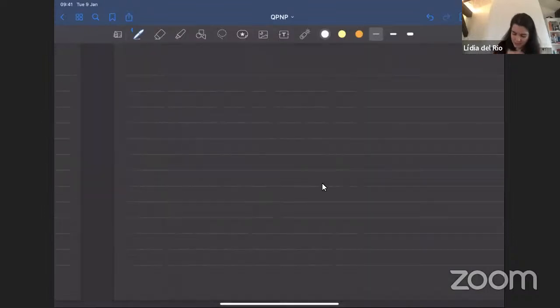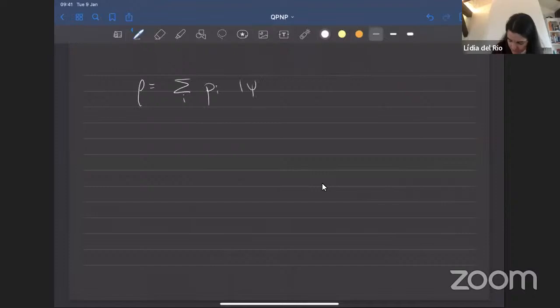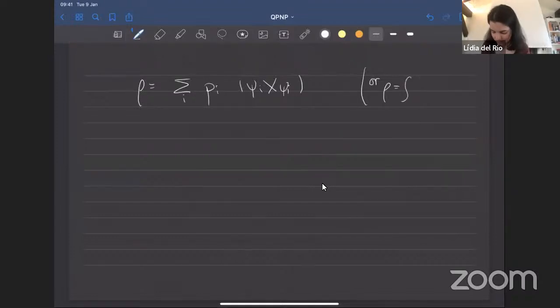And I'll write here, rho, sum over i. It also works in the continuous case, exactly the same. It could also be that I have a machine that gives me some density of probability, and I need a new Greek letter.